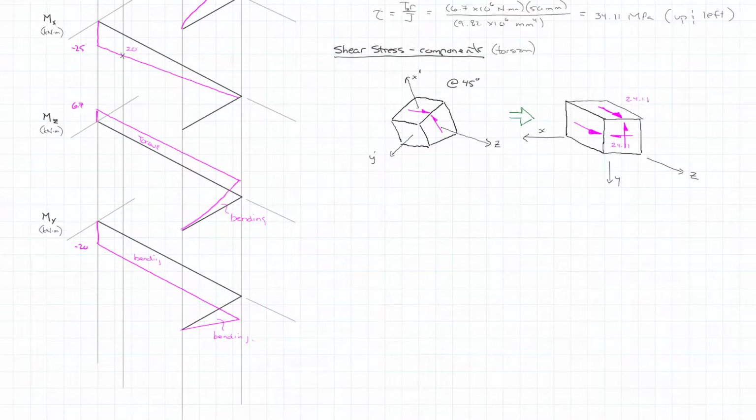And so that converts that shear stress due to torsion into x and y components. Now with that transformation done, they can all be added together.